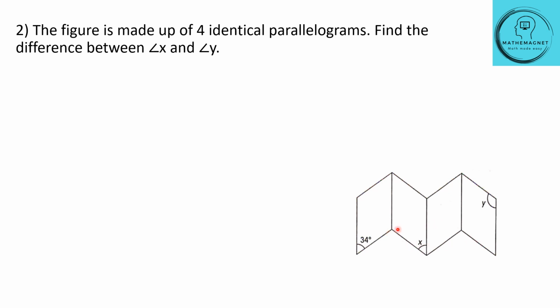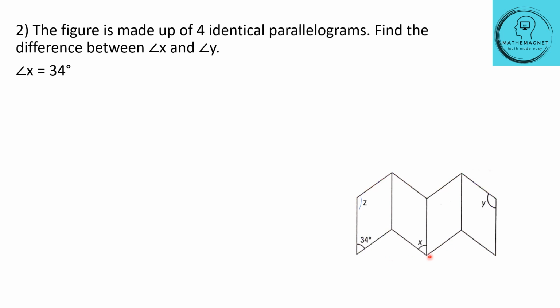Okay, here I am going to mark this angle as Z for a better understanding. Now when we fold this paper, we can see that this 34 degree will overlap on this point, which means angle X is equal to 34 degrees.